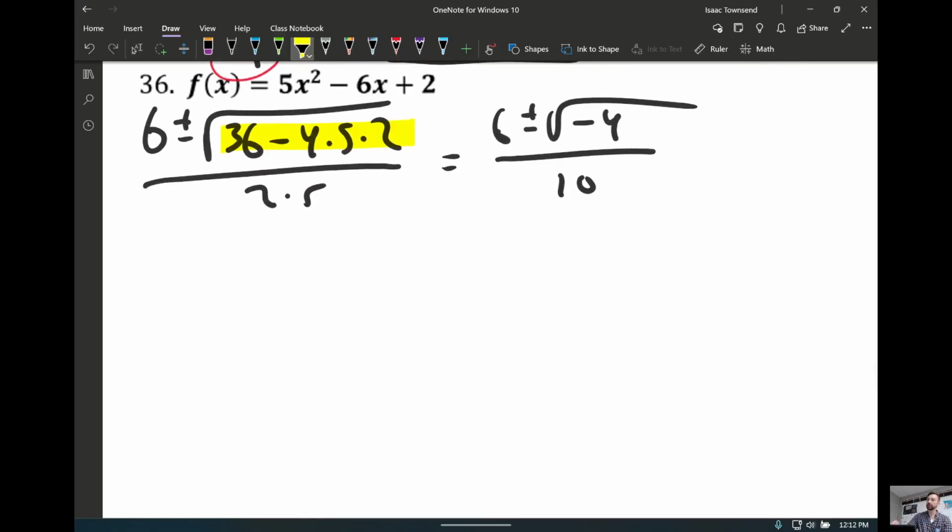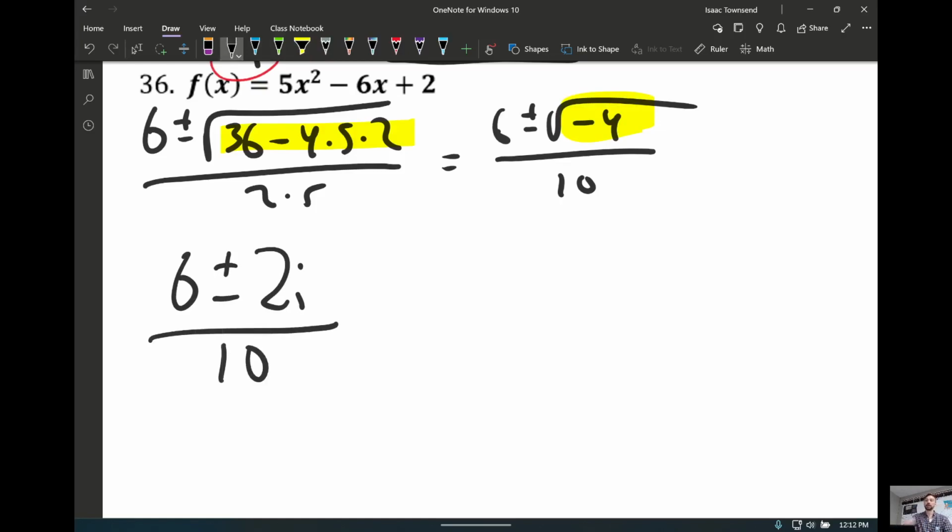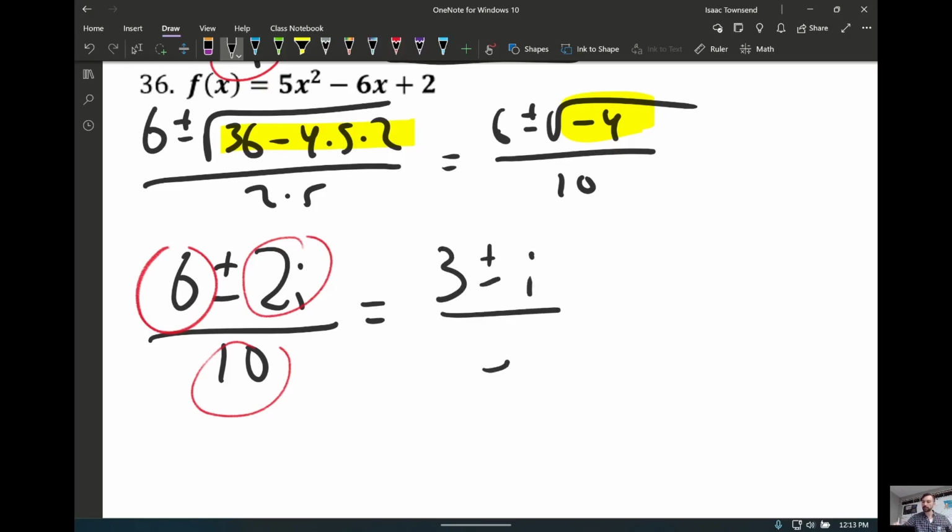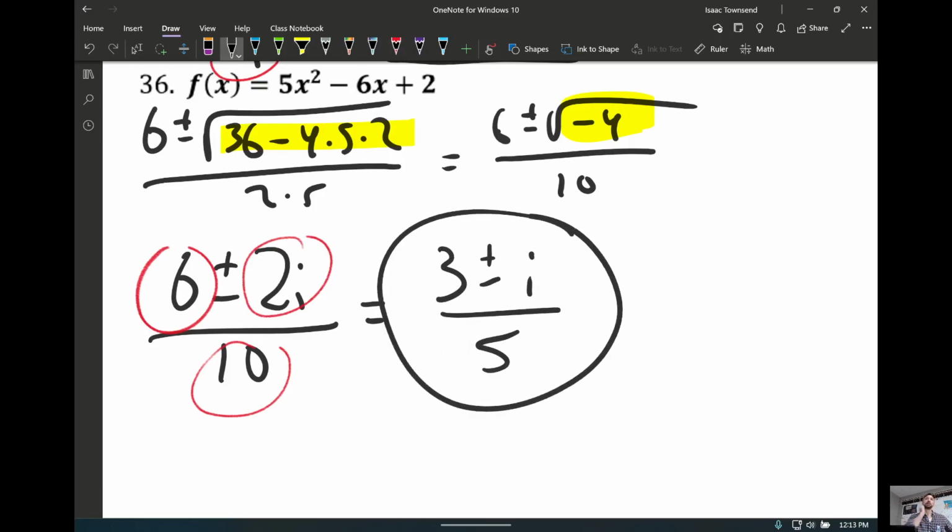So square root of -4 is going to simplify to 2i. And even though you can't always do this, the previous section we couldn't do that on these questions, but 2i, 10, and 6 are all evenly divisible by 2. So you need to divide everything by 2 to reduce your fraction.